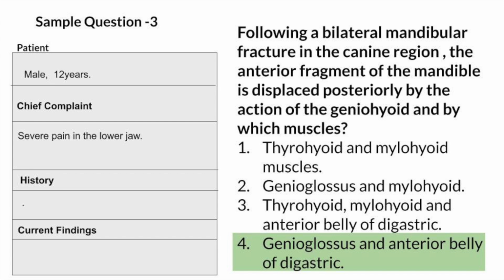So the answer is genioglossus and anterior belly of digastric. The muscles attached to the anterior mandible are genioglossus, geniohyoid, and the right and left anterior belly of digastric muscle. Contraction of these muscles will displace the anterior fragment with the fracture through both canine regions.